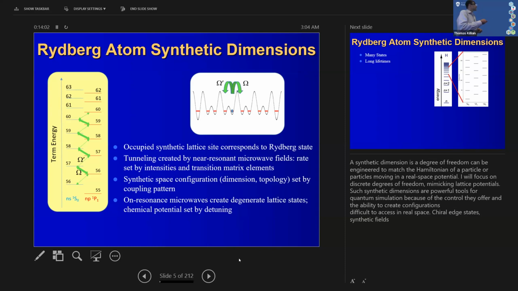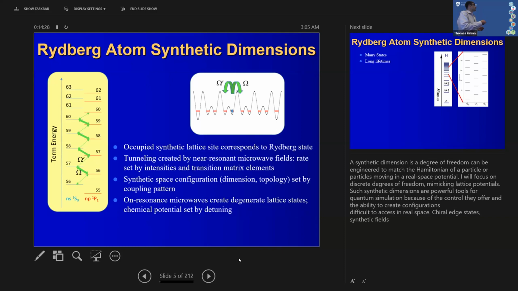Now, the tunneling between the levels is created by millimeter wave couplings between the levels. And you can set the rate of tunneling by the intensity and whatever the transition matrix element is. And the different topological or geometric configuration of your synthetic space is set just by the way you connect all these different states. So you have a lot of flexibility in how you set that up.